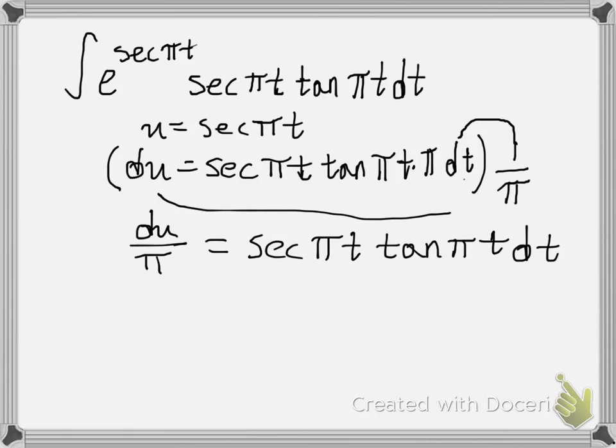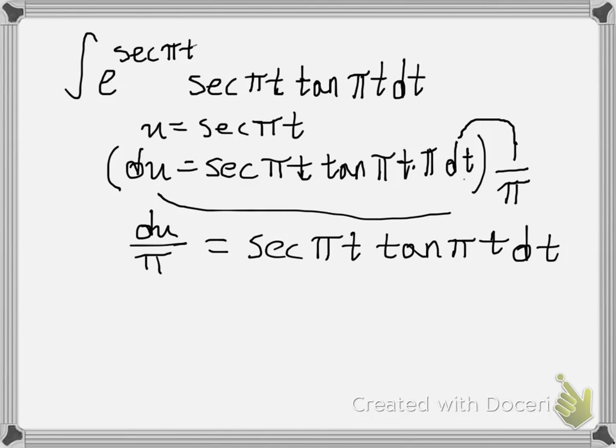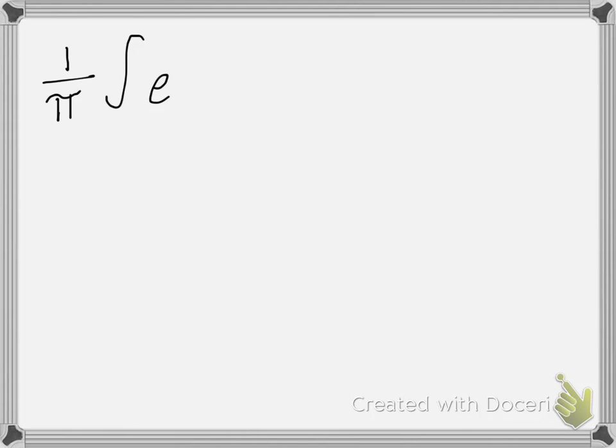Because this pi is outside, we can rewrite the integral with the 1 over pi. Then we have the e, and we let u equal secant pi of t, so this is going to be e to the u now, and du is going to equal all this, so we can put e to the u du, okay? So e to the u du, and now we're ready to integrate.